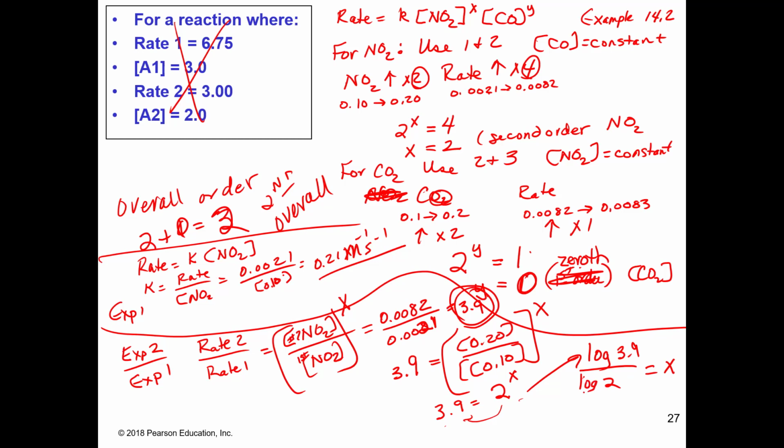So you take the log of both of them, divide them, and that is going to give you x, which is 2. And I already knew that because I already did it the eyeball way.